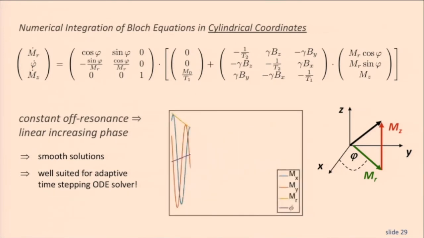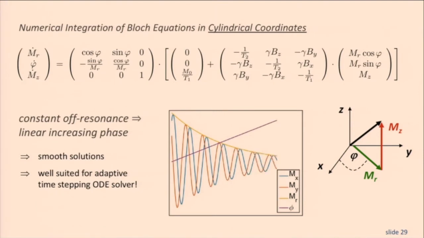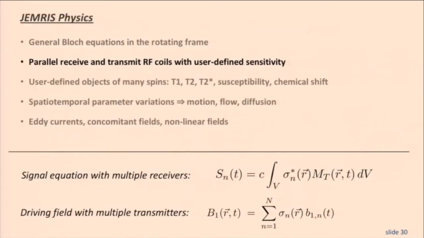And this is the case for cylindrical coordinates, but not for Cartesian coordinates, where the solution rapidly oscillates and we cannot use a large step size. So that's one specific detail, maybe nothing you should bother about.